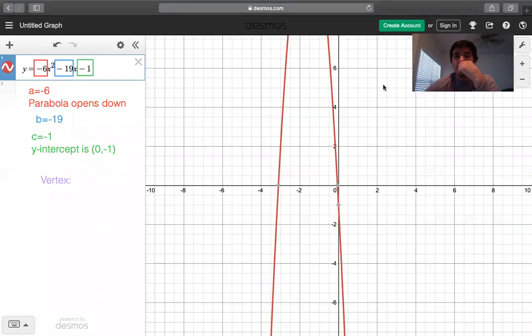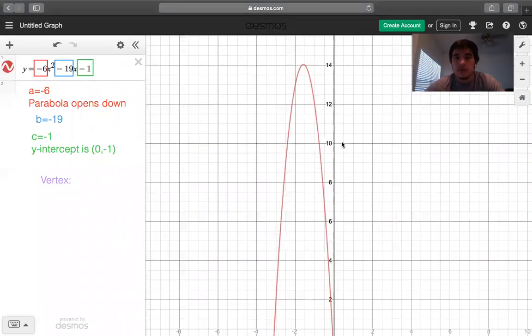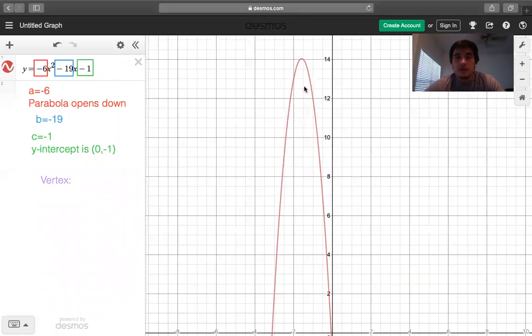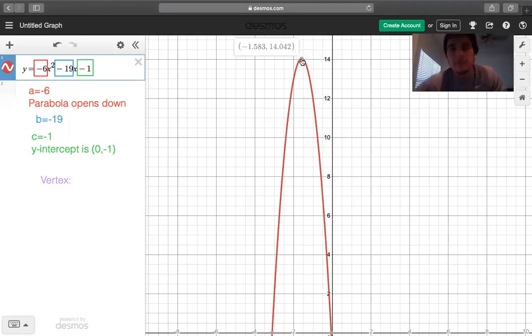Zoom out, or just scroll up. You can click and drag. So my highest point is up here at a really funky point, okay? It's going to look kind of funky sometimes, but that's okay.